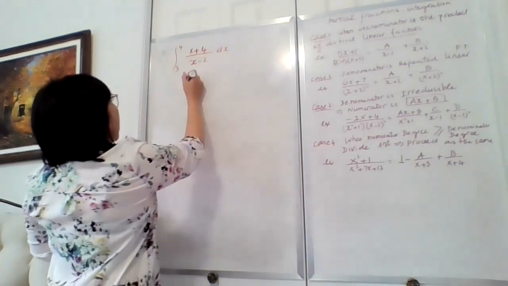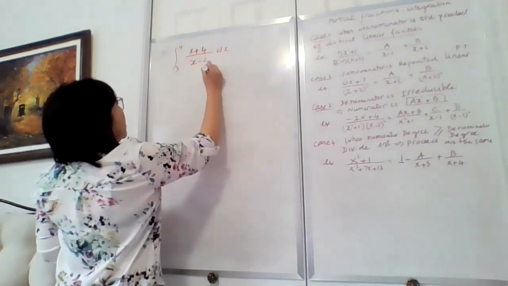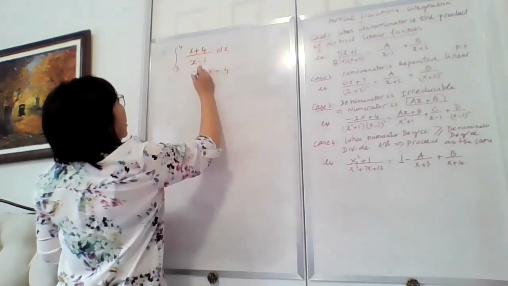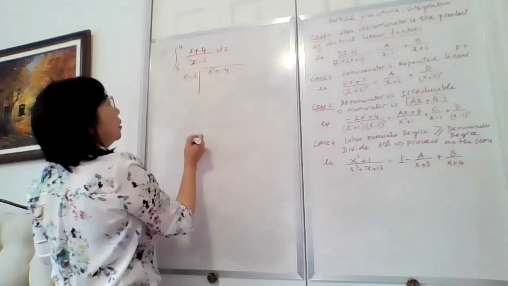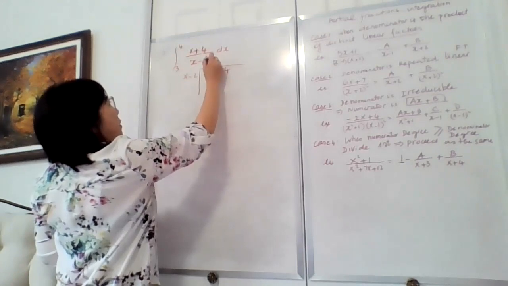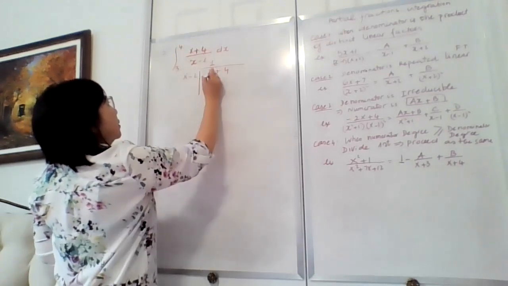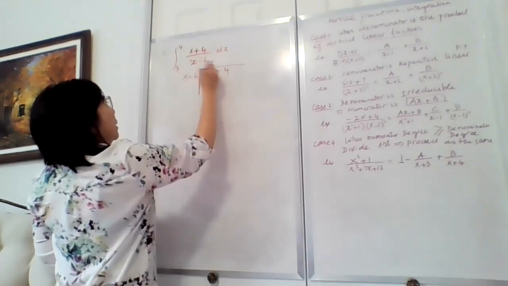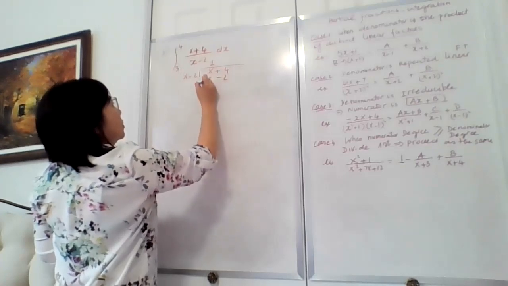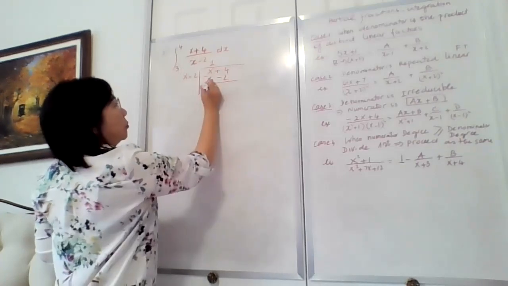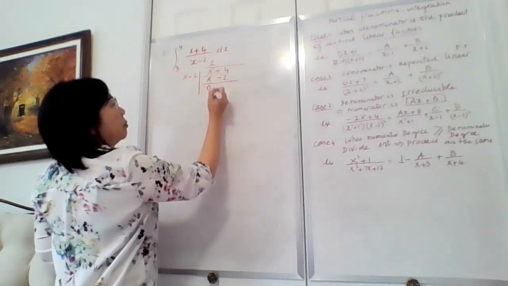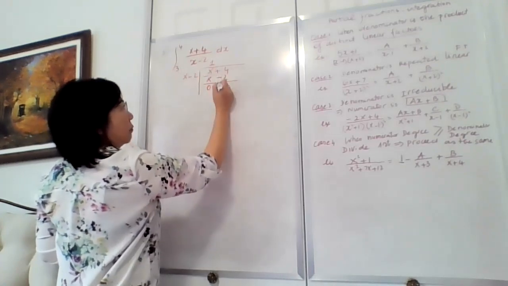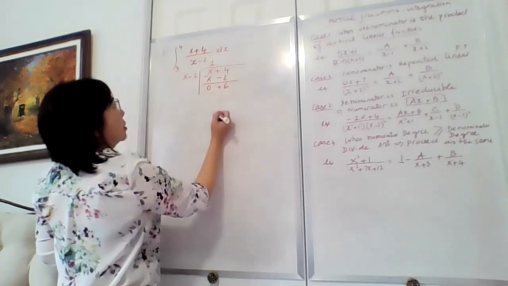So I'm going to divide x plus 4 by x minus 2. Remember long division, you have 1. 1 times x is just x. 1 times minus 2 is minus 2. Then you subtract both of them. You get 0 here. Minus with minus becomes plus. Plus 2 and plus 4 is plus 6.